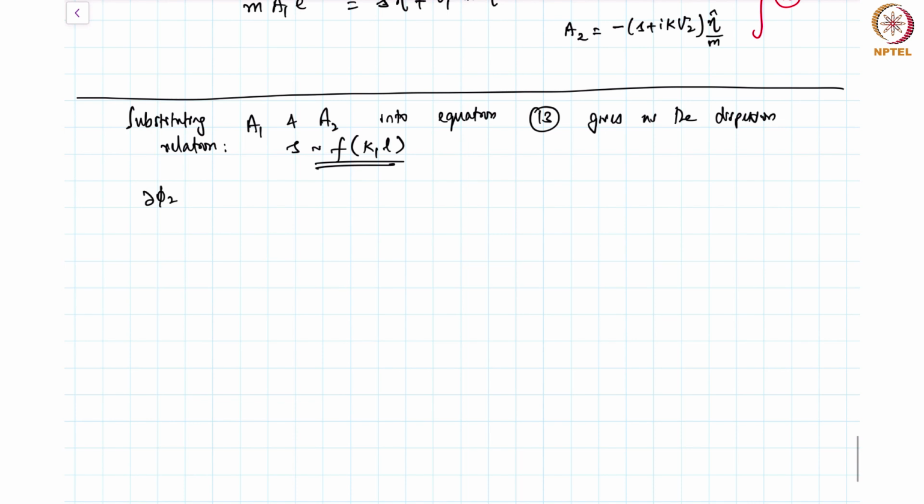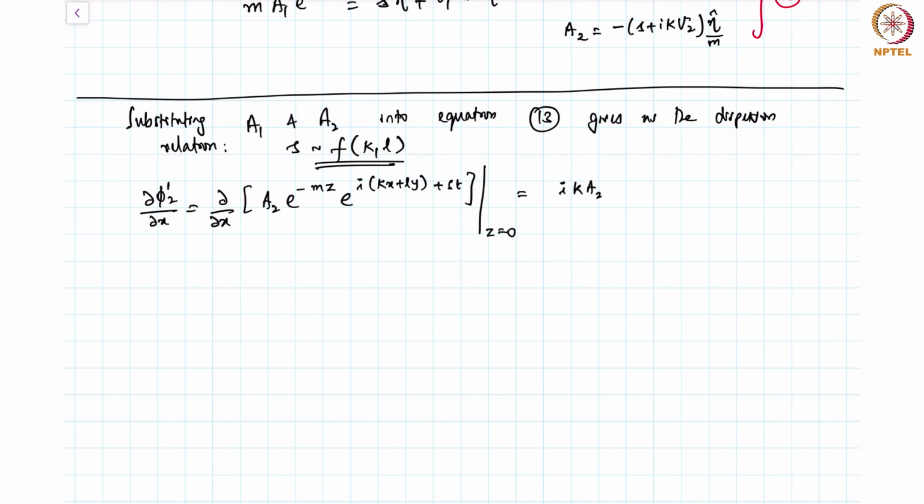Del phi 2 prime by del x now essentially becomes del by del x of A2 e power minus mz times e power i(kx plus ly plus st), and remember this has to be evaluated at z equal to 0. This simply becomes ik A2, because it's a derivative with respect to x.